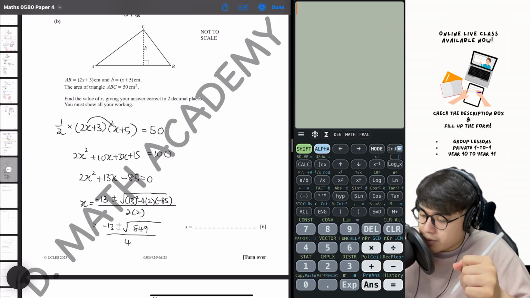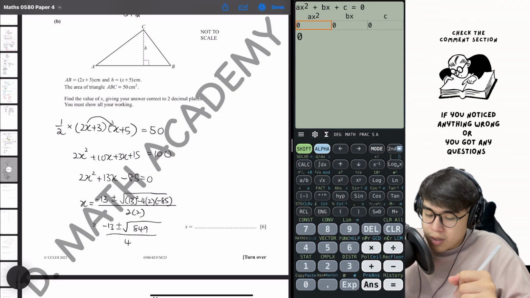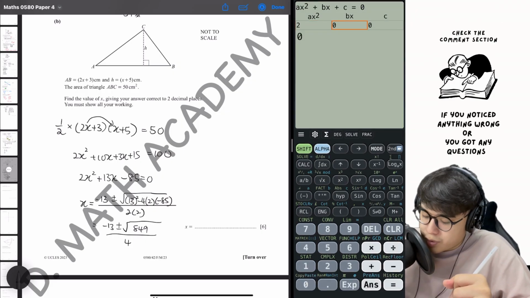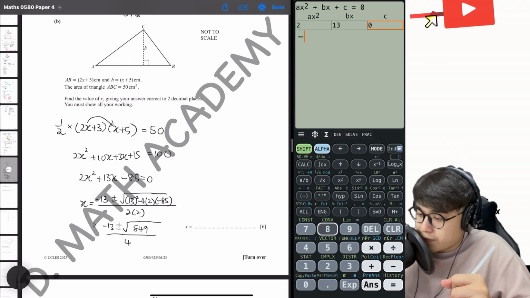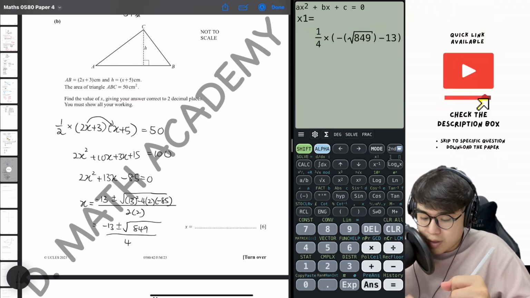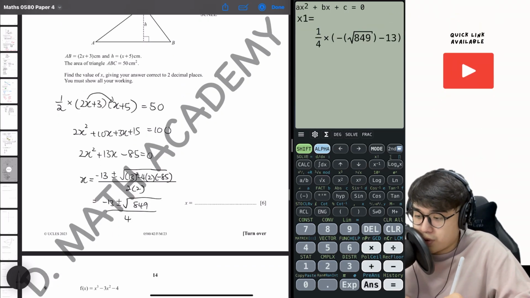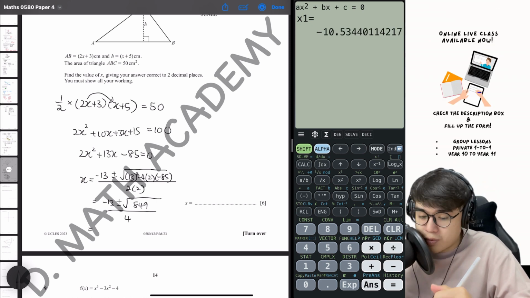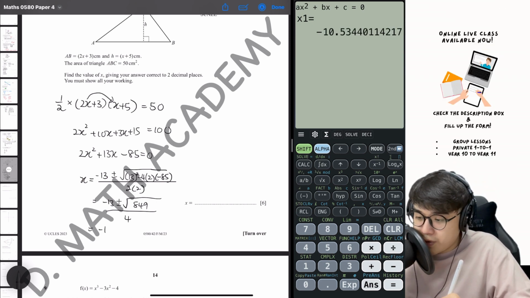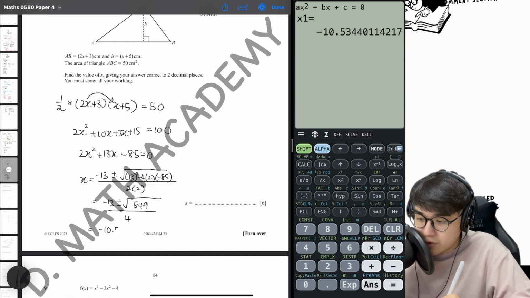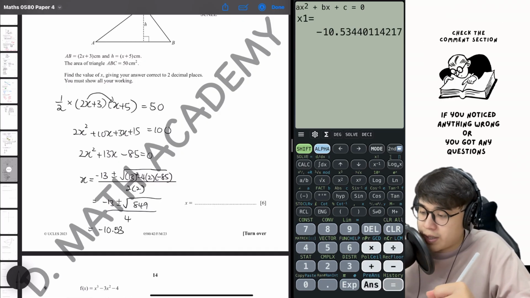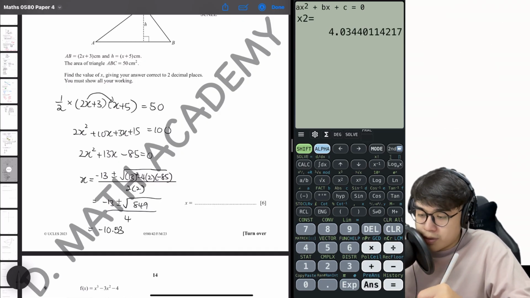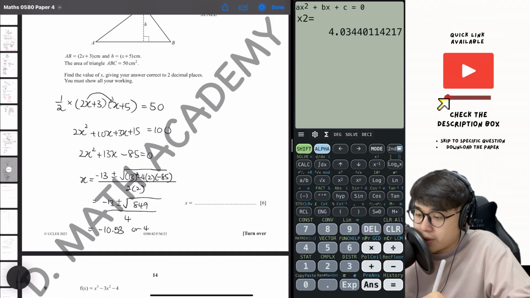Then I will now key in my calculator. 2, 13, and negative 85. Okay, so your final answer here will be negative 10.53 because they say 2 decimal place, or it will be 4.03.